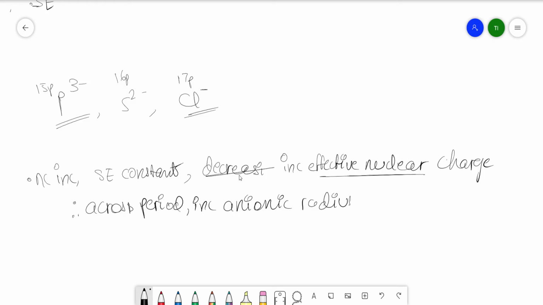You could also refer to it in terms of the charge. So the lesser the negative charge, the stronger the forces of attraction, right?